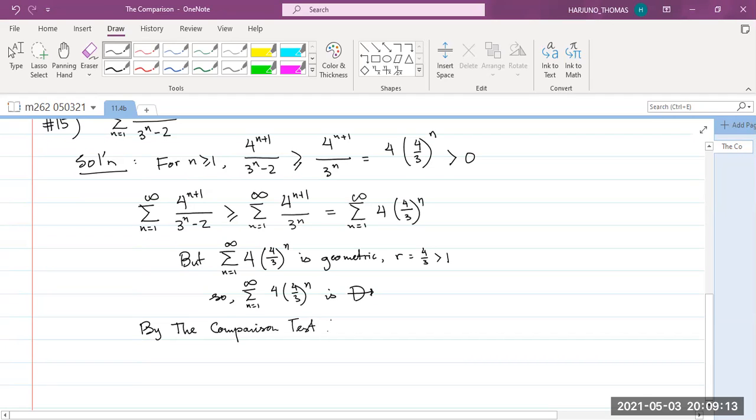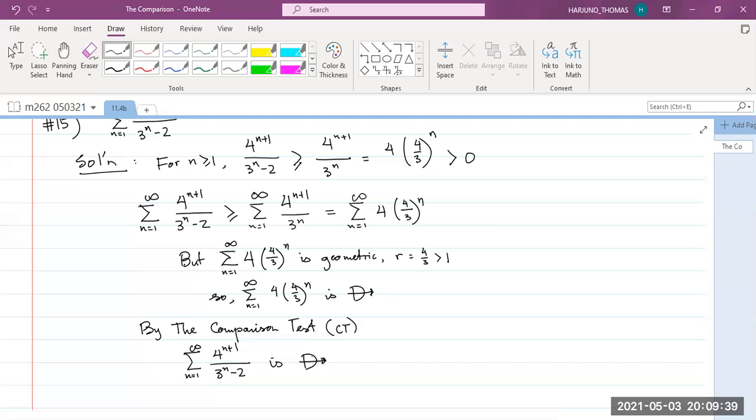Or you can just say CT. This series 4 to the n plus 1 over 3 to the n minus 2 is divergent. Okay, that's for number 15.